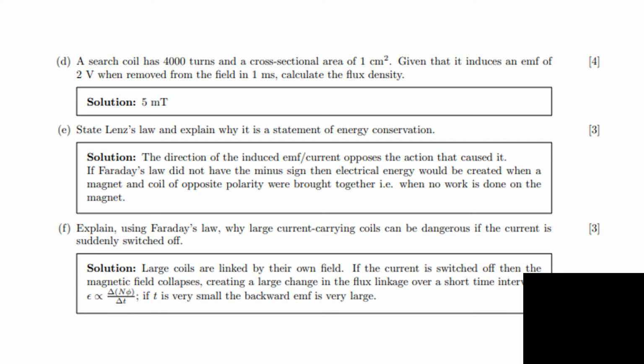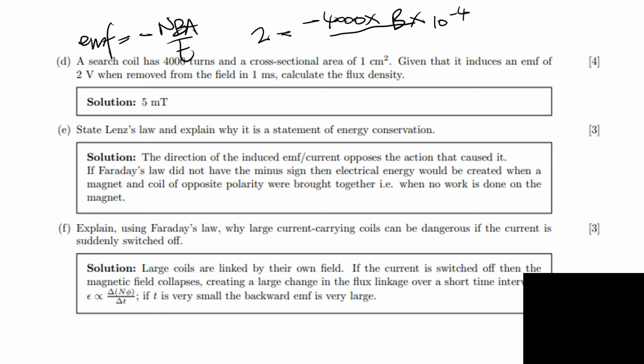Right, so again we can use EMF equals minus NBA over T. So we know that the EMF is 2, so that is equal to minus 4,000 times, we want to work out B, times B. 1 centimeter squared is 10 to the minus 2 squared, so that's 10 to the minus 4. And time is 1 millisecond, so that is 10 to the minus 3.